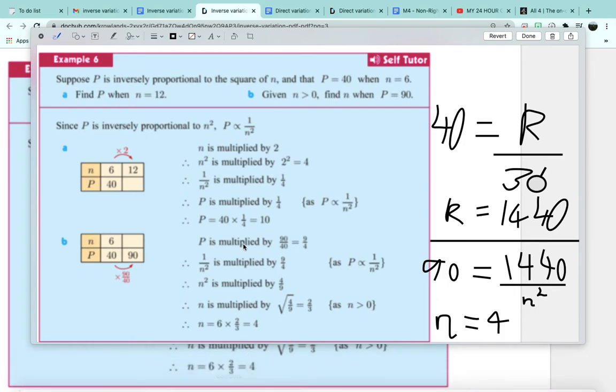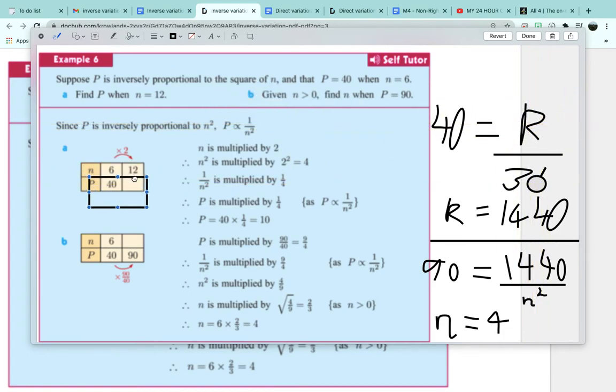This is getting more challenging, but all we're doing is we're using this equation on the left-hand side. We get rid of the proportionality symbol and we replace the 1, which is going to be the numerator of the fraction, which is at the top here, with k.